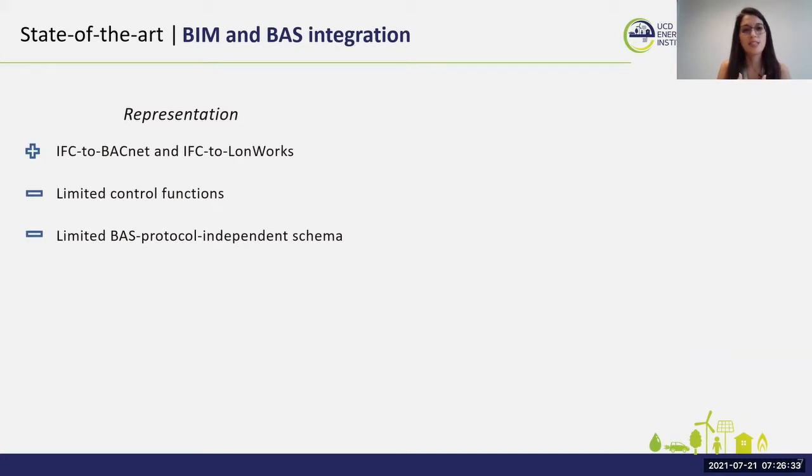And from these studies, we can see that the representation of BIM and BAS has been proven to be feasible, linking IFC with BACnet or LonWorks, which are open communication protocols from BAS systems. But despite that, while they demonstrated that they can be connected, we still have limitations in terms of representing control functions and in terms of representing the use of multiple communication protocols at the same time.